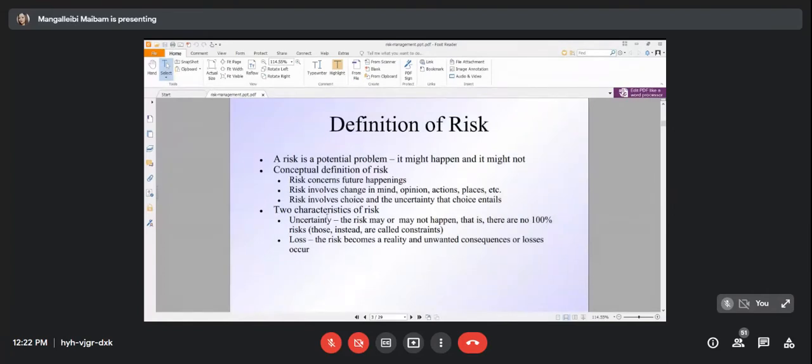There are two categories in our risk: one is uncertainty, the other one is loss. Uncertainty means your risk may happen or may not happen. We cannot guarantee that the risk will not happen or that it will happen. And in loss, the risk becomes reality. That means the problem will definitely occur.